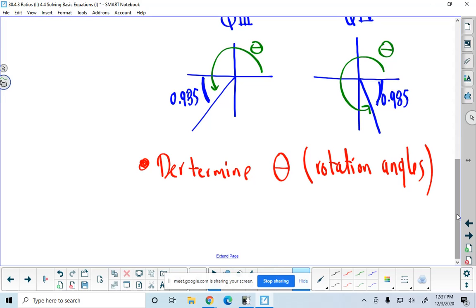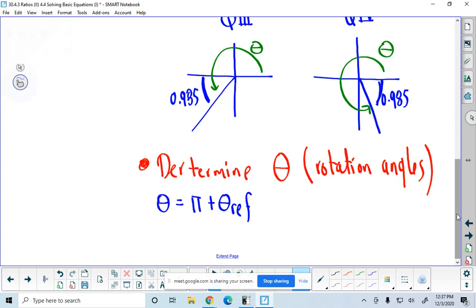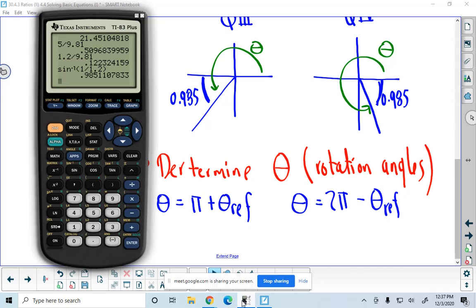So in the case of the quadrant 3 angle, theta can be found by taking pi radians plus the reference angle. And in the case of the quadrant 4 angle, theta can be found by taking 2 pi minus the reference angle. And that's where you just go to your calculator and do it.